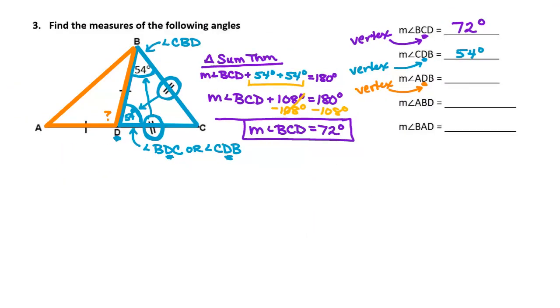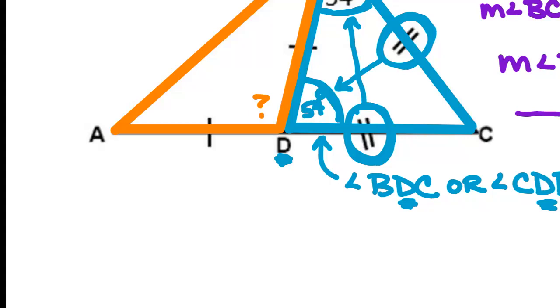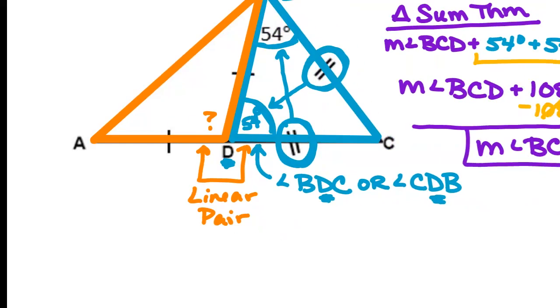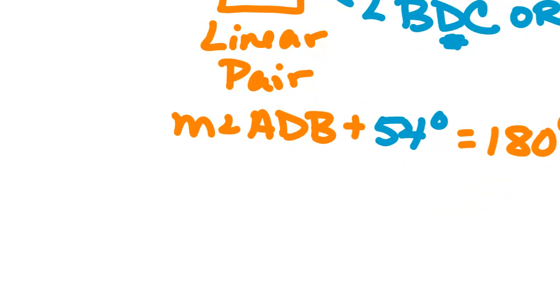Do we have enough information to find that angle right there? Yes, using what? Linear pair theorem. These two angles right here form a linear pair. So the measurement of angle ADB plus 54 degrees is equal to 180. So I subtract 54 degrees from both sides.